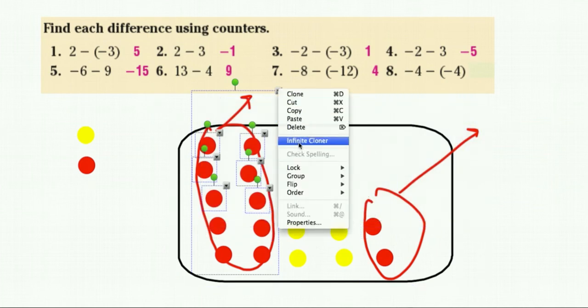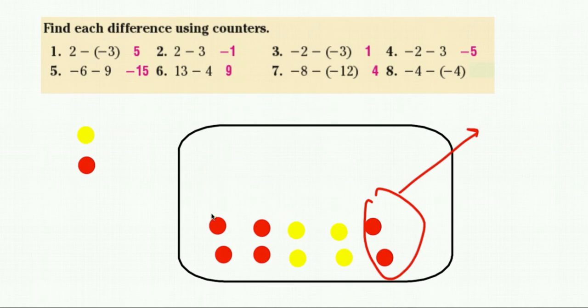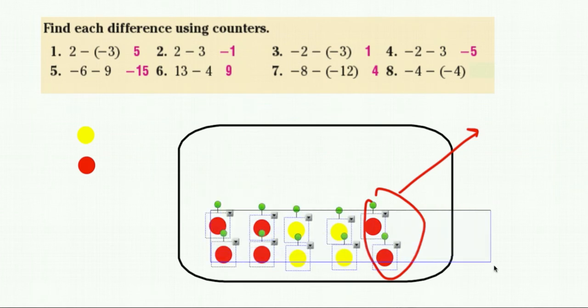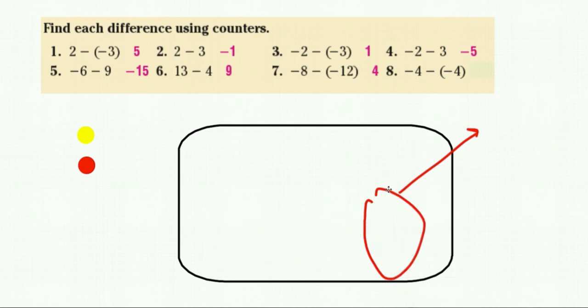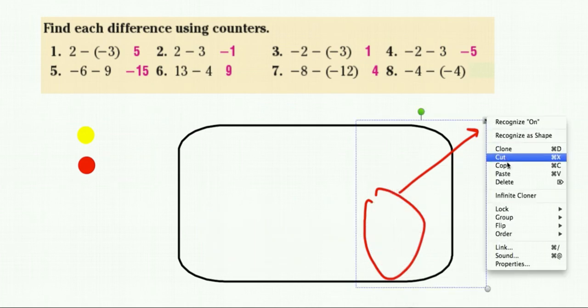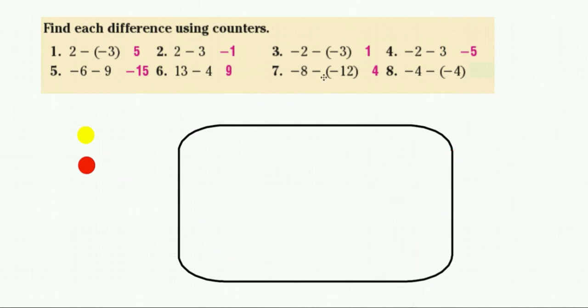And the last one, let's delete this one. Last one, negative 4 minus negative 4. You have negative 4 counters to start with, 2, 3, 4, and you want to subtract negative 4, so that's easy enough.